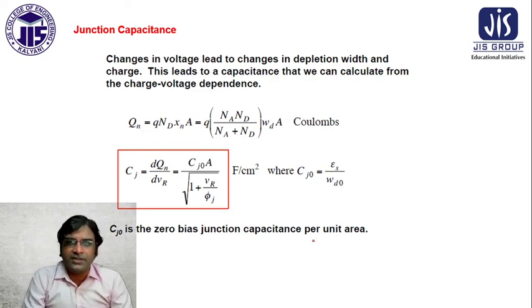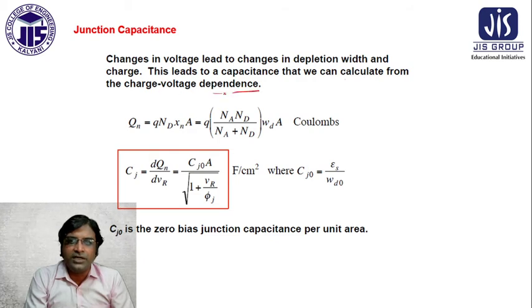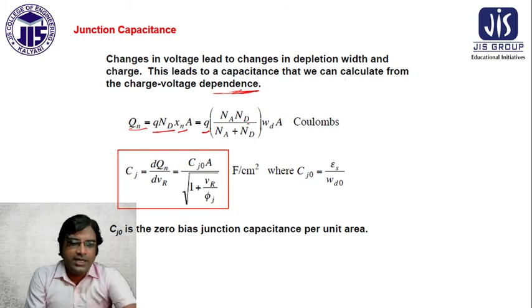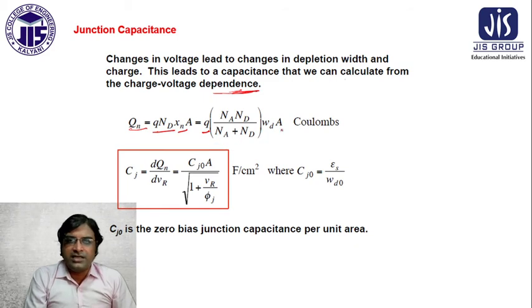This is the junction capacitance. The change in the voltage leads to a change in the charge of the depletion width. This lead is the capacitance that we can calculate from the charge-voltage dependency. So Qn equals q Na Nd by Na plus Nd times Wd A, in coulombs.